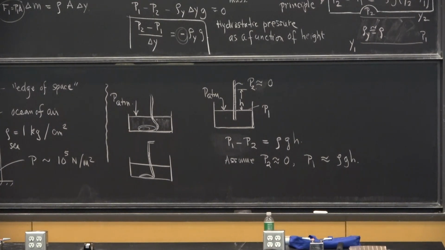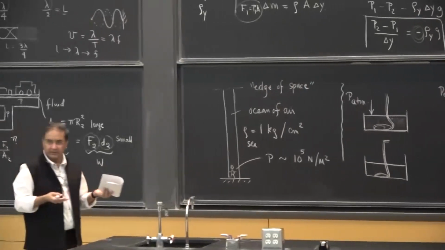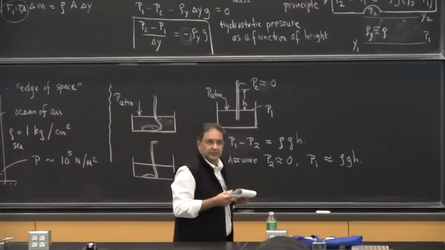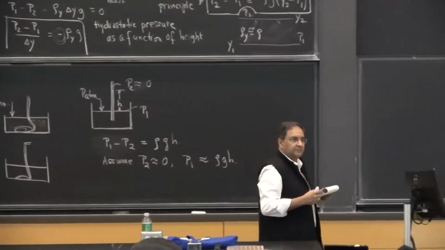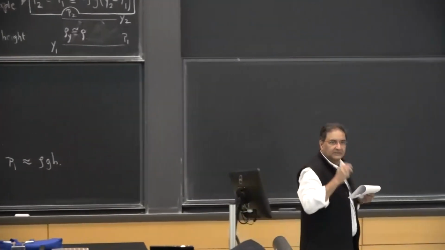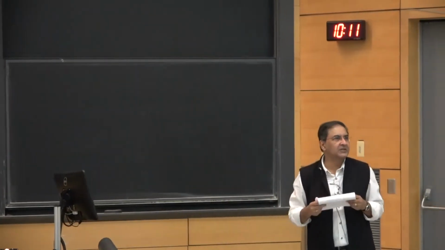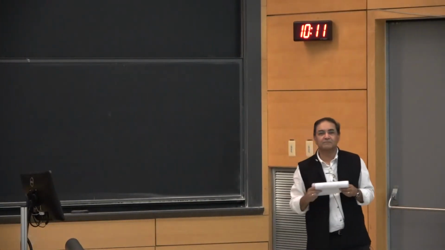So do you know what usual barometers are made of? What liquid it contains? You guys don't know? Come on. When they talk about barometric pressure during the news, what is the liquid? They talk about 76. Yes, 76 centimeters of mercury, or 760 millimeters of mercury.